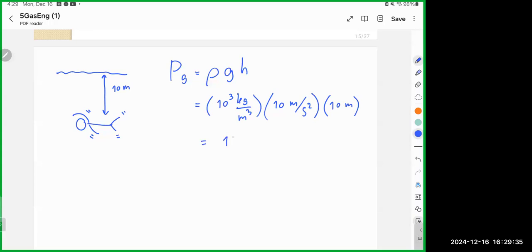It is equal to 10 to the 5 kilograms per meter per second squared. Or in this case, you can convert this unit to Newtons per square meter. Okay.